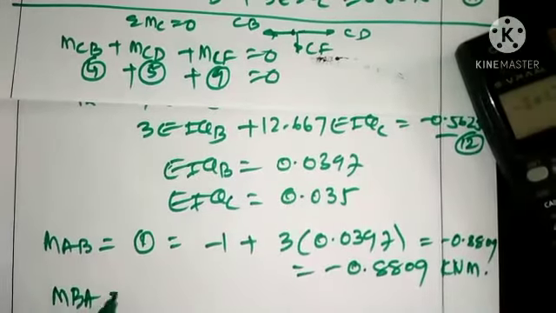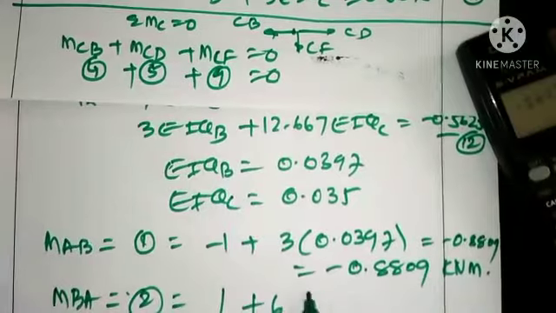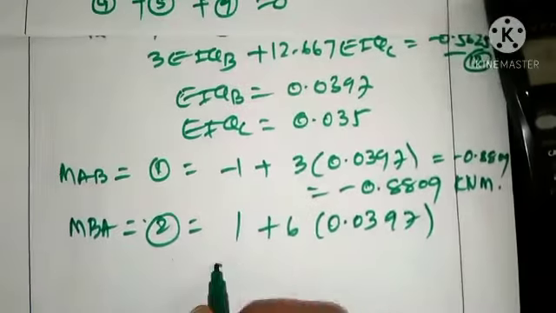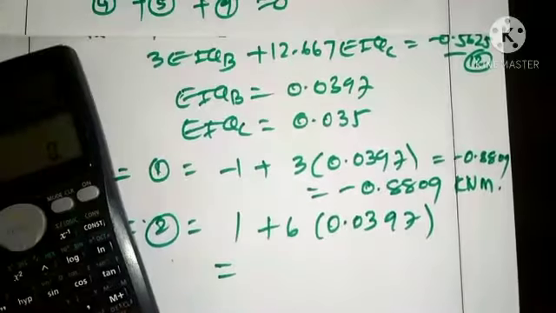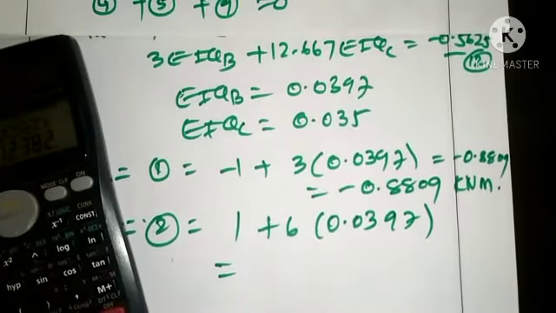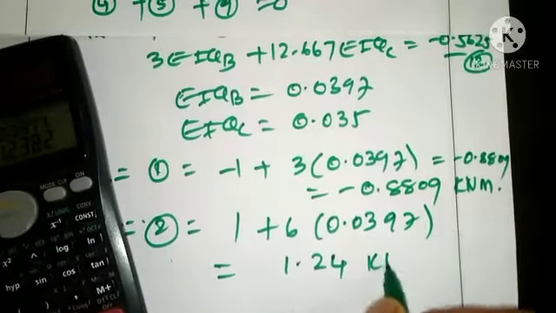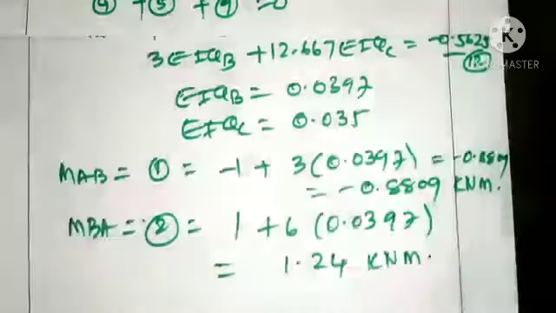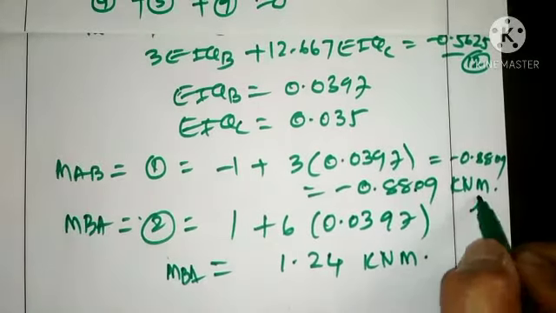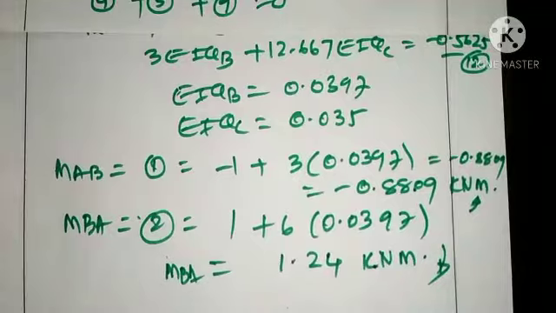MBA value will be equation number 2, which will be 1 plus 6 into 0.0397, whose value will be 1.24 kilonewton meter, the value of MBA. Now here this is negative, which means it is in anti-clockwise direction. This is positive, means it is in clockwise direction.